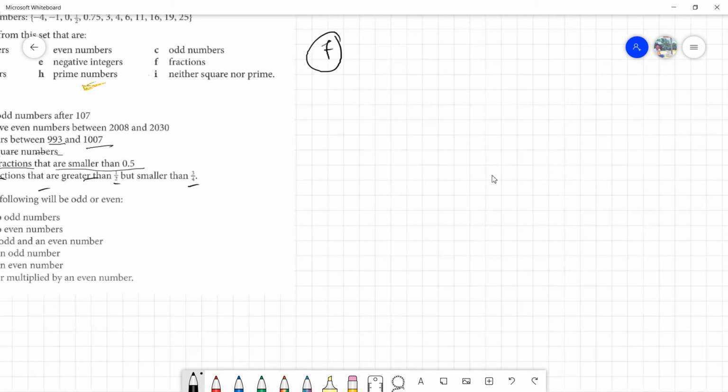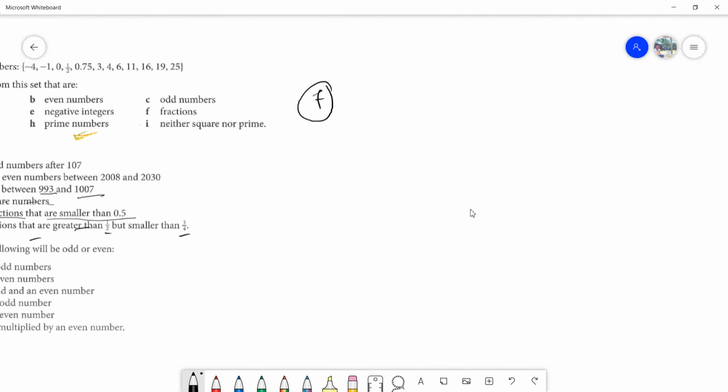Yes, it says something that is greater than half. So let's make this table. That means greater than half but less than 3/4.